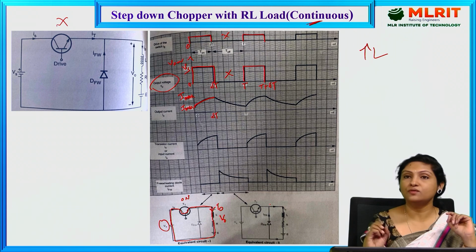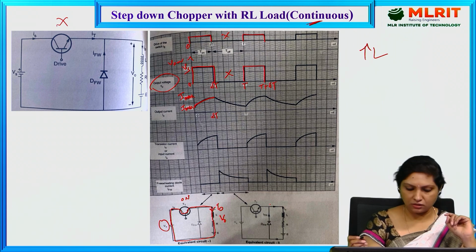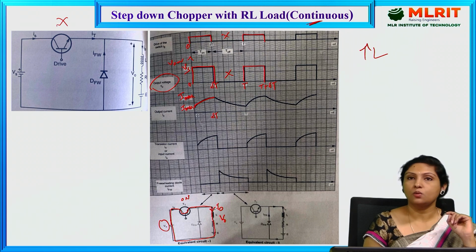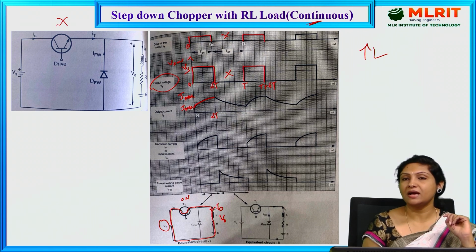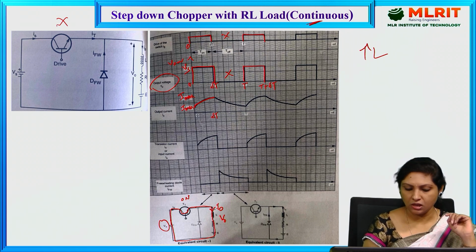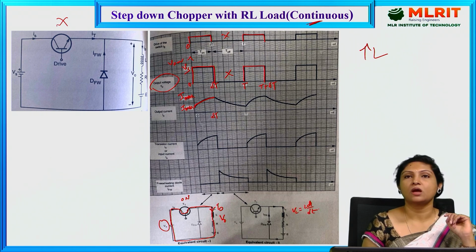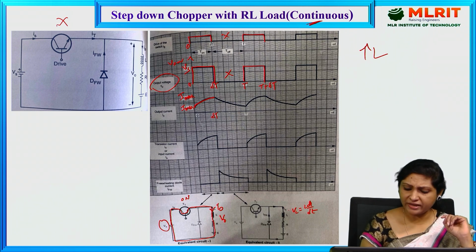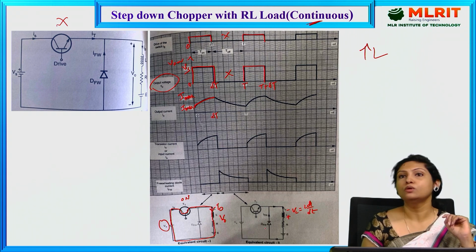Whereas now, because of the presence of the inductor, during positive half cycle, current flow through the inductor was there, and during which it has stored certain amount of energy with the magnitude VL is equal to L into di naught by dt. And because of this voltage which is being stored by the inductor, it tends to maintain the current flow in the same direction according to Lenz's law.